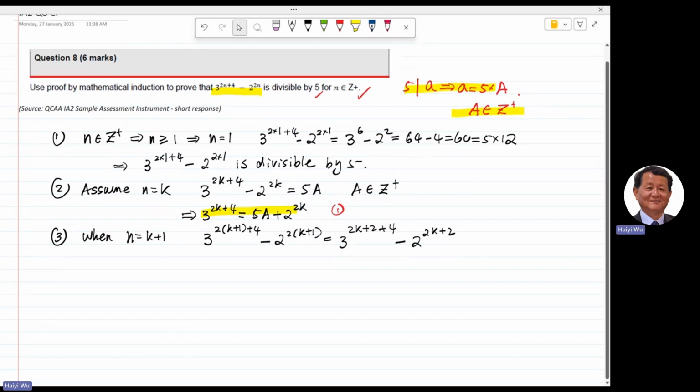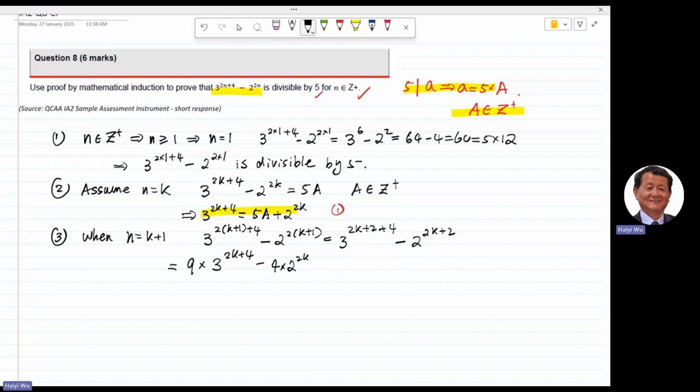Now we put 3 to the power of 2 as 9 times 3 to the power of 2k plus 4. I'm going to leave 2k plus 4 for the time being. Next, 2 to the power of 2 I'm going to separate into 4 times 2 to the power of 2k.